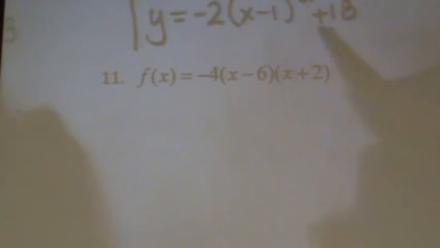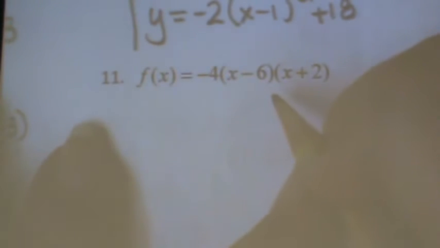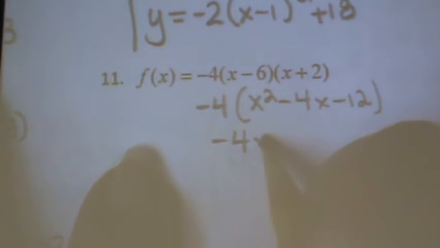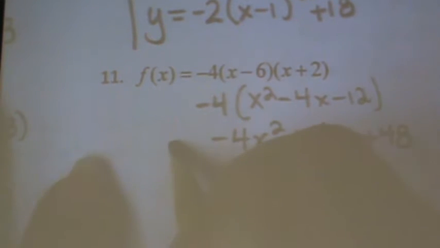And the last one, you could do the same way, or what you could do is FOIL it. You could FOIL x times x is x squared, and then you get minus 4x minus 12, and factor the negative 4 out, negative 4x squared plus 16x, and then plus 48. Now if you wanted to, let's complete the square.